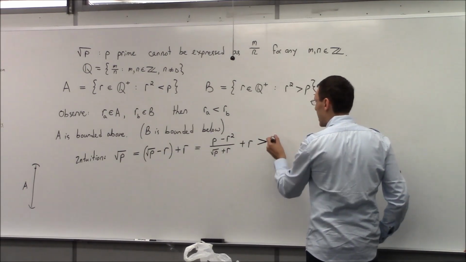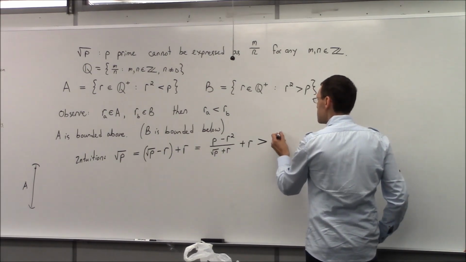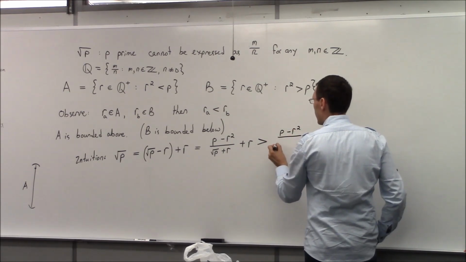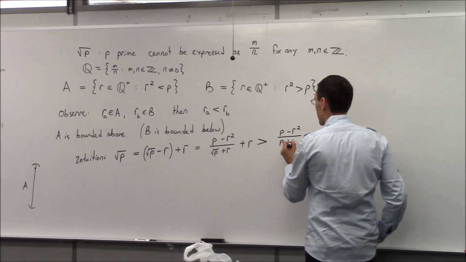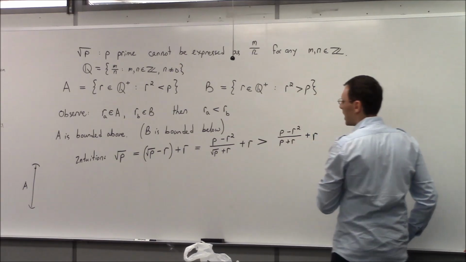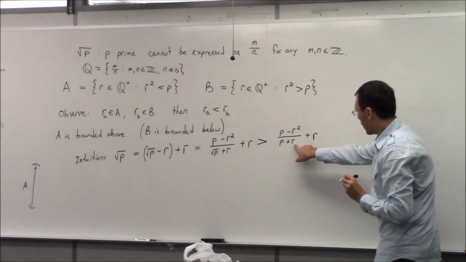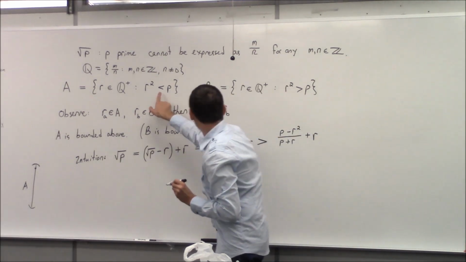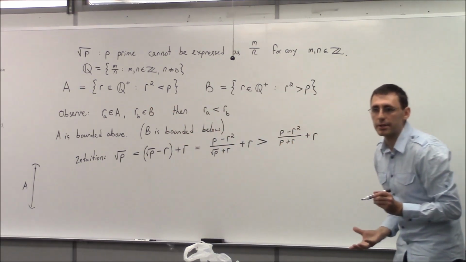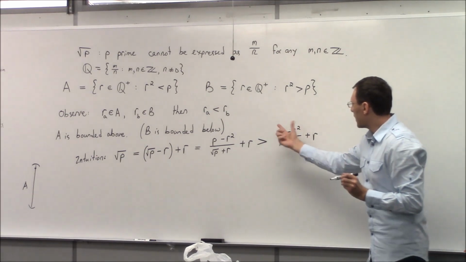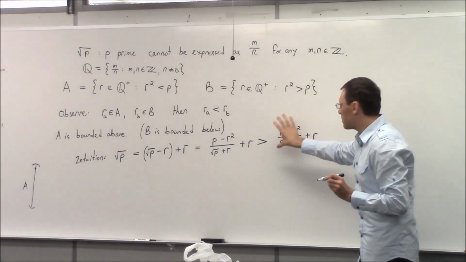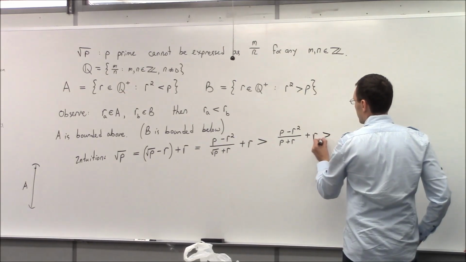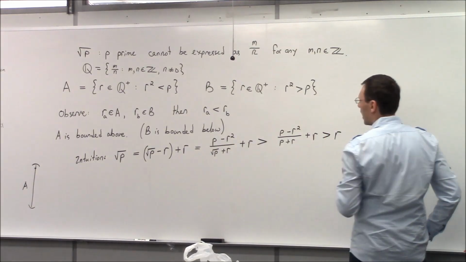So that's bigger than p minus r squared over p plus r, plus r. And notice this is a positive number, right? r squared has the condition that it's smaller than p. So p minus r squared is positive. And therefore, we take r and we perturb it by a possibly small number. So that is small. That is bigger than r.